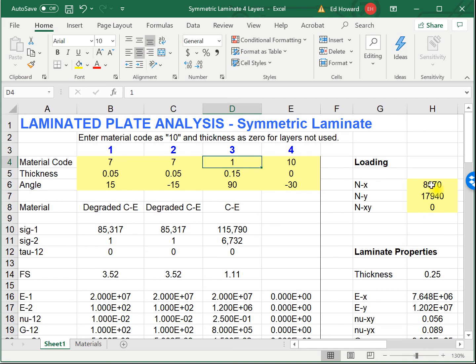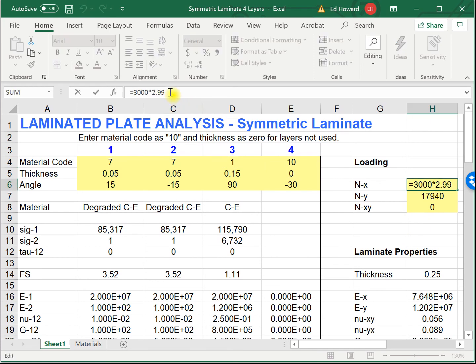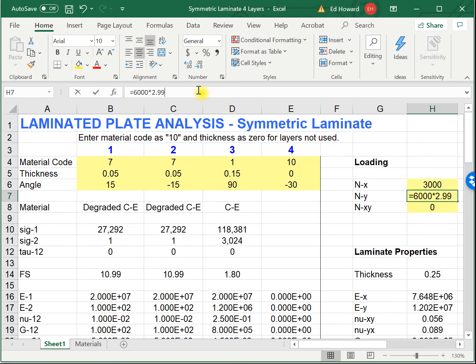And now let's go back and run it again at 1000 psi and see what we get. And so you see that sigma 2 and tau 1, 2 are 0 now because again there's no stiffness assigned to the resin. And now the failure is predicted to occur at 3.31, in other words 3310 psi internal pressure.